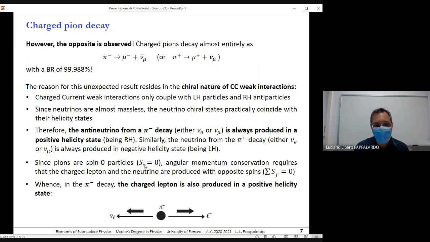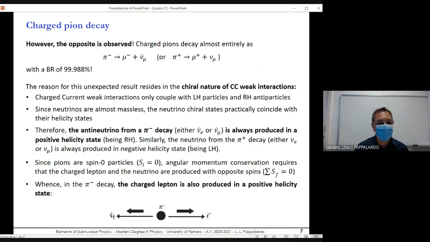The spin of the pion is zero, right? It is a pseudo-scalar meson. So the spin in the final state must also be zero, otherwise we would have a violation of angular momentum conservation. And the only way for the final state angular momentum to be zero is that the spins of the two particles are opposite: -1/2 and +1/2, total is zero, as in the initial state.